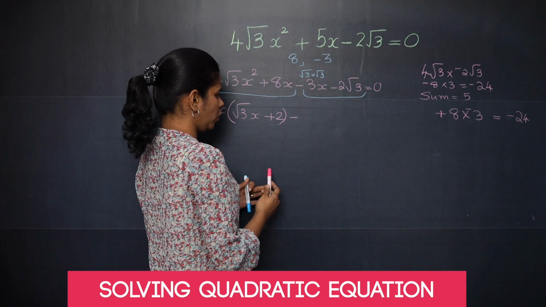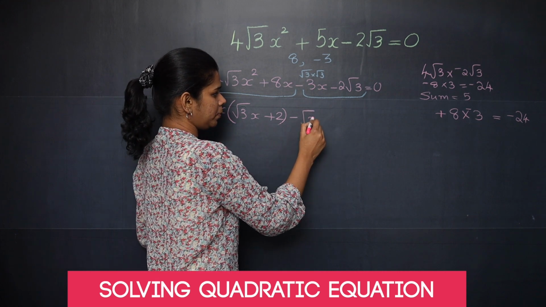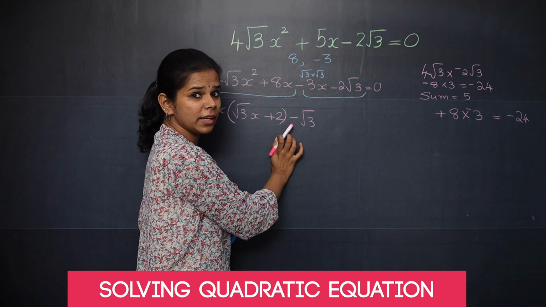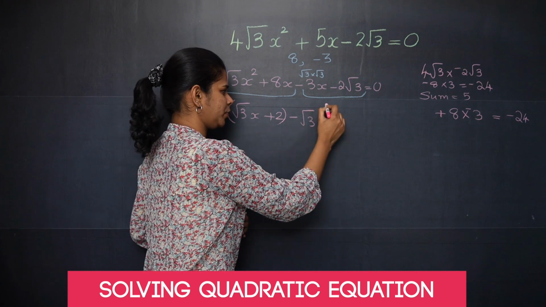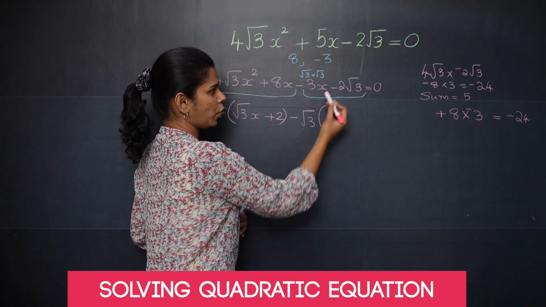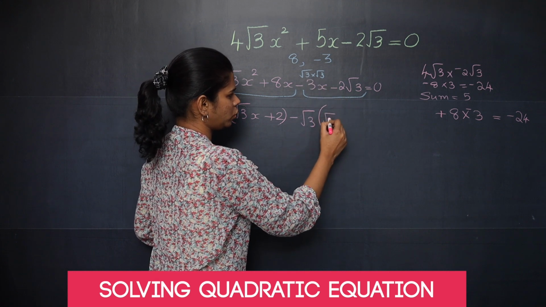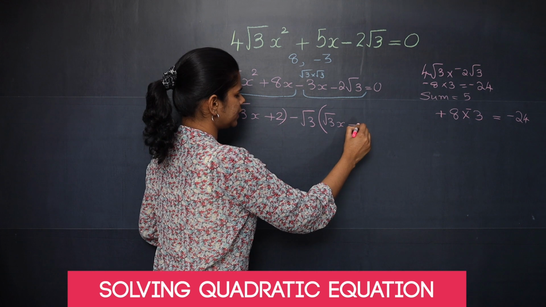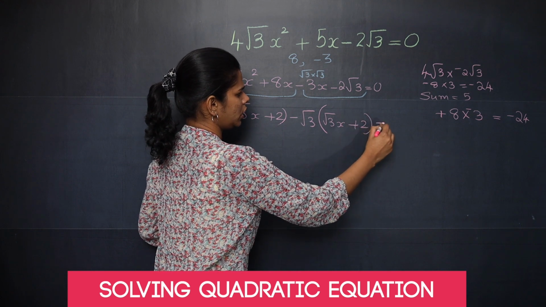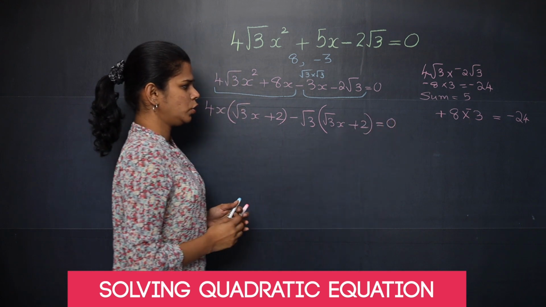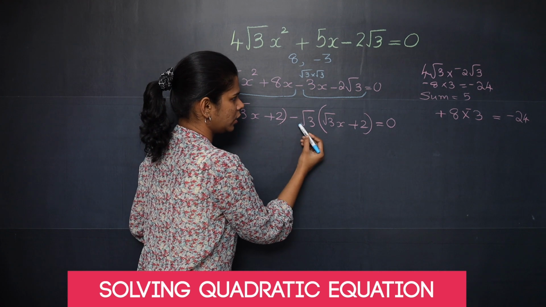So you will take root 3 outside and please remember you have a negative sign outside. So when you open the bracket, what happens? The sign changes. So here it becomes root 3x plus 2 equal to 0. So you can just open and check.